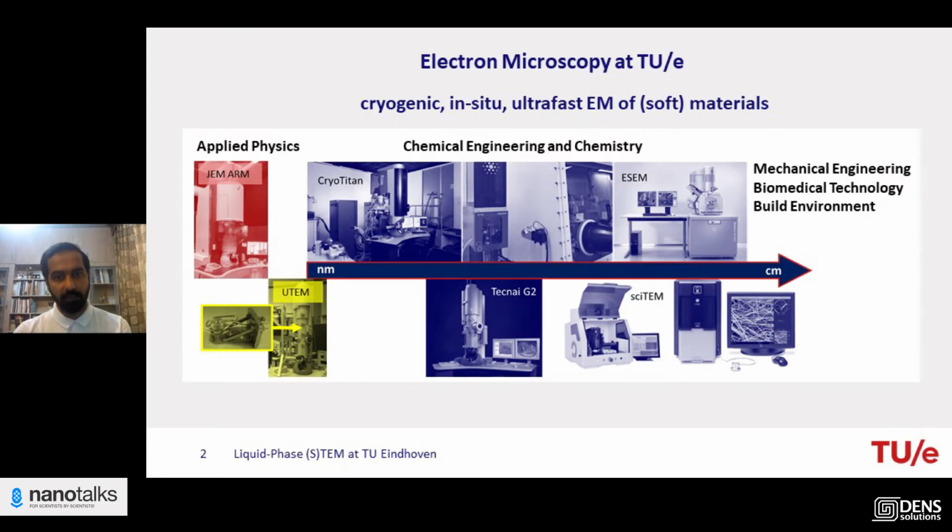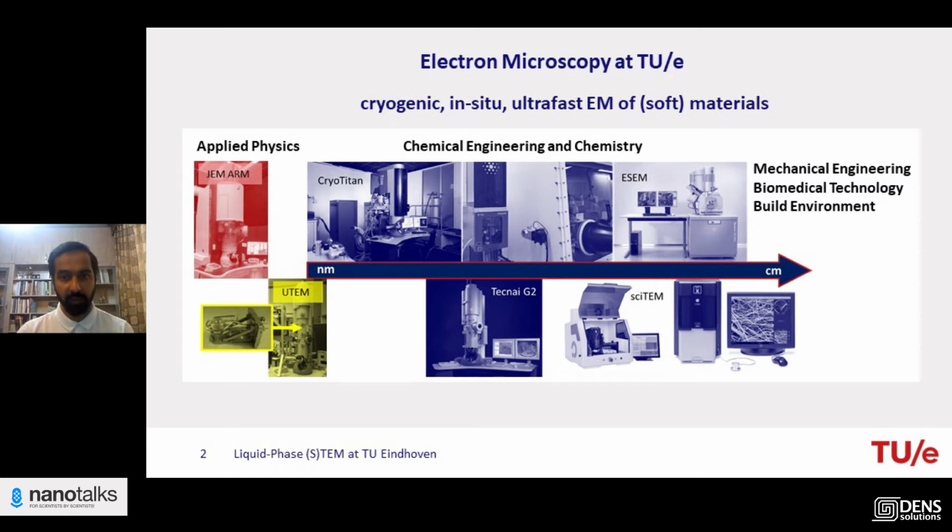Yes, electron microscopy at TU Eindhoven includes a few labs and facilities that can perform cryogenic, in situ, ultra-fast electron microscopy of different materials. We have the ability to work and vitrify oxygen-free samples. We can go to atomic resolution with our Cryo-Titan.